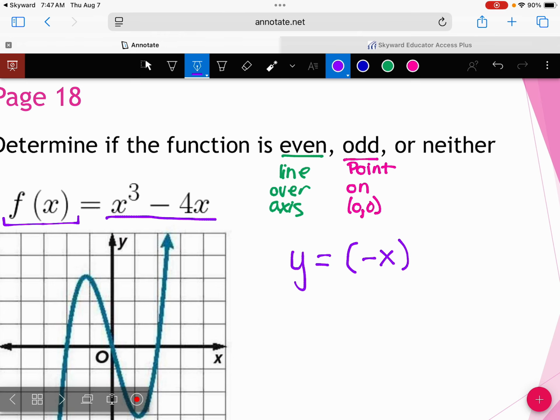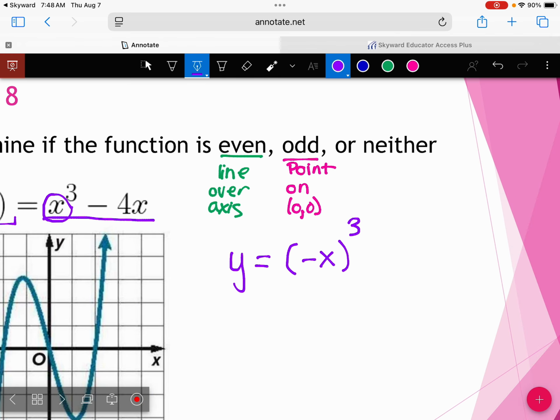So our equation here says we need to take x and cube it, and then we're going to minus 4 times minus x. So we're going to substitute those pieces in, and then we need to do a little bit of actual thinking. What does it mean for something to cube? We've dealt with square quite a bit, but not as much on cube.